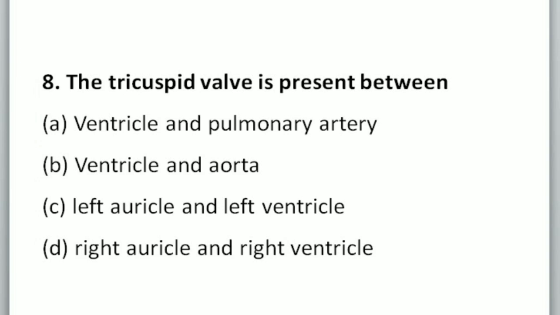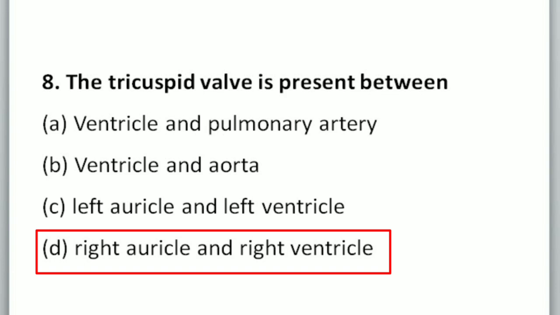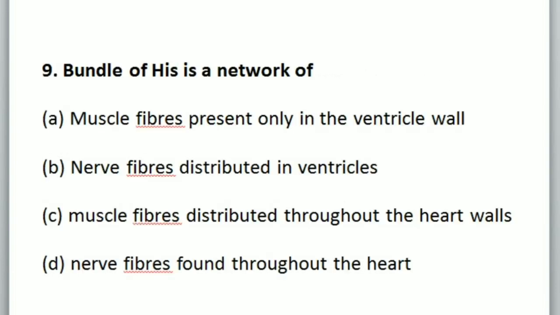8. The tricuspid valve is present between A. Ventricle and pulmonary artery, B. Ventricle and aorta, C. Left auricle and left ventricle, D. Right auricle and right ventricle. Answer D. Right auricle and right ventricle. 9.